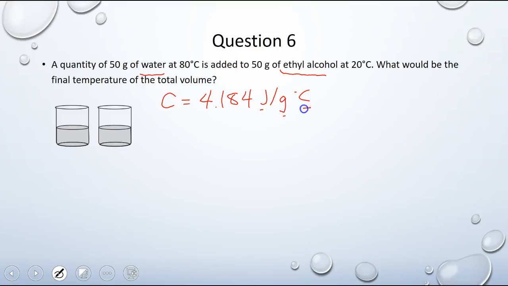There's our mass unit. There's our other unit. So this is for water. And then the C for the alcohol is 2.3 joules per gram degree Celsius. That's for the alcohol.